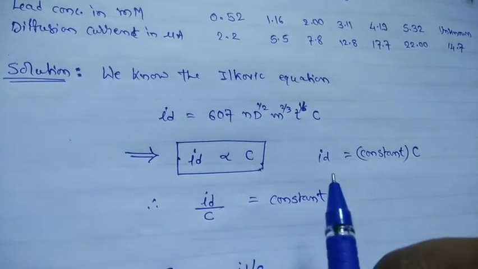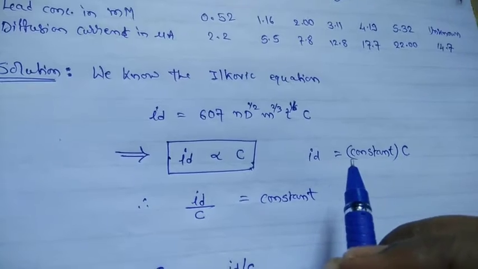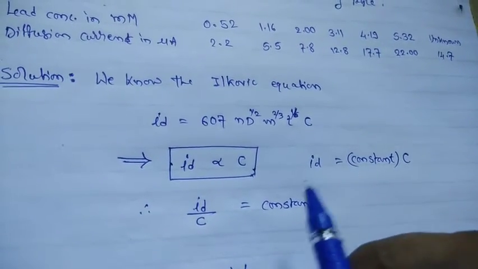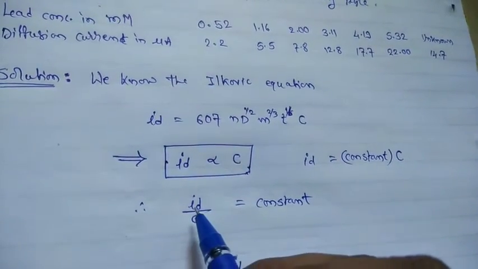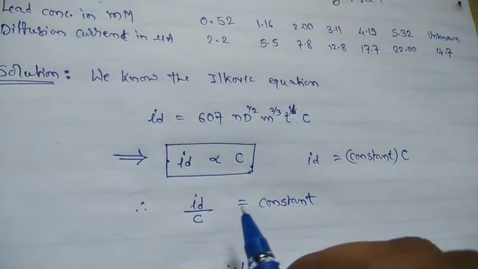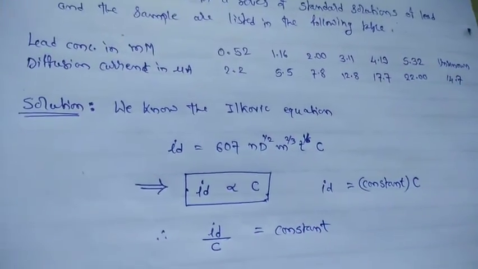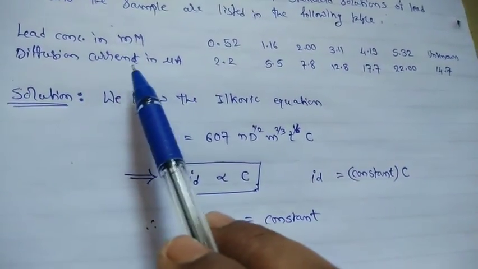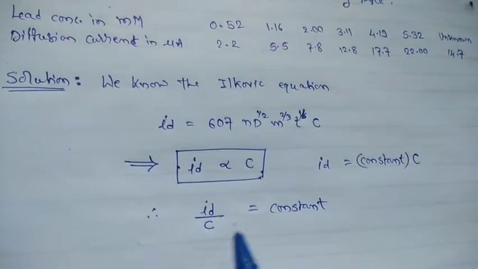Now this can be written in equation form: id is equal to some constant value into C. We can modify this equation like this: id upon C, that is the diffusion current upon the concentration, gives the constant. Since we have the data for concentration and id, we can calculate this ratio like this.